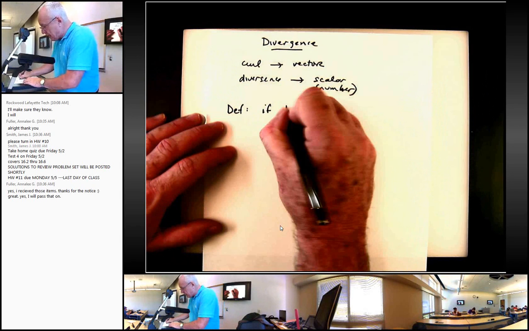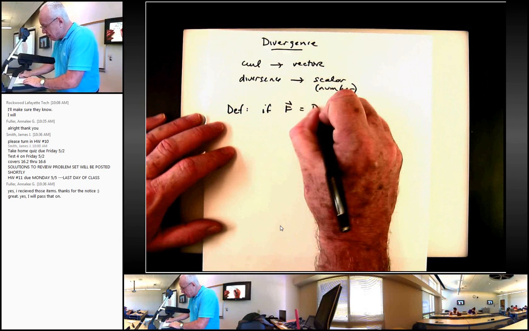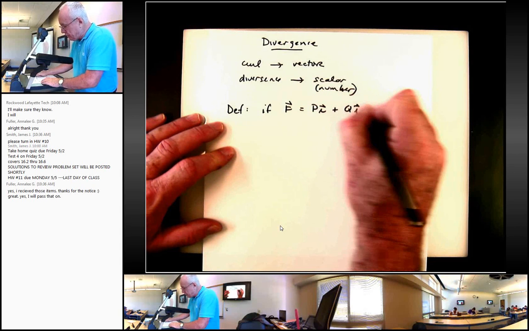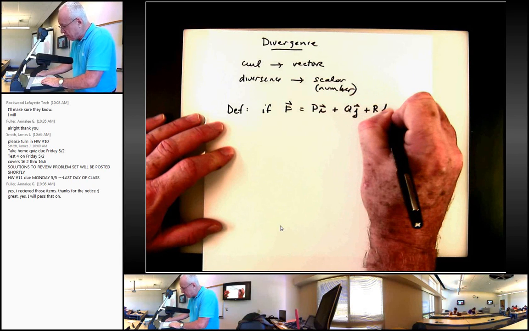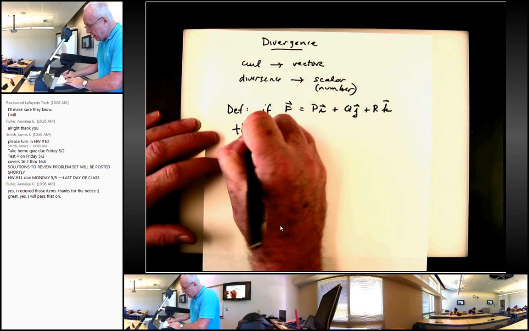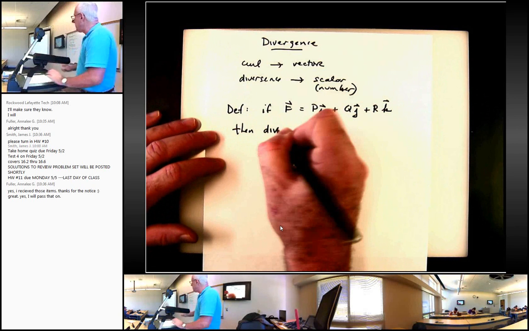So again, it's connected with a vector field. So we have capital F equaling some function P times i, some function Q times j, some function R times vector k. Then it's abbreviated div.